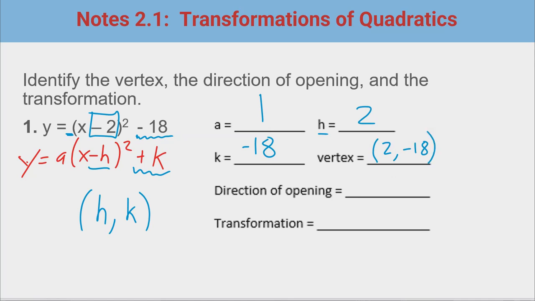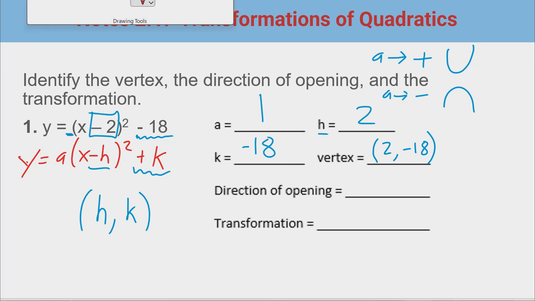Now, direction of opening. If your A value is positive, your parabola opens up. Okay? If your A value is negative, your parabola opens down. Okay? So if we think of this as like a smile or a frown, right?